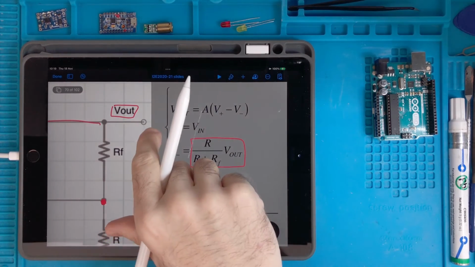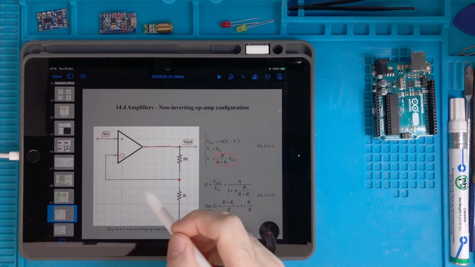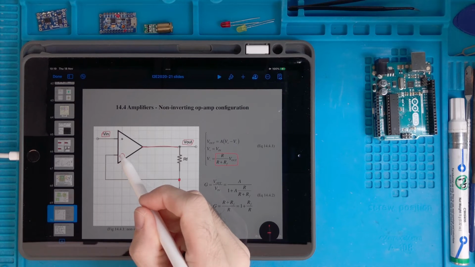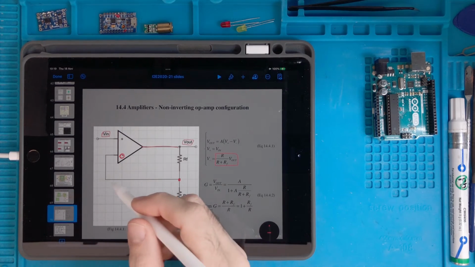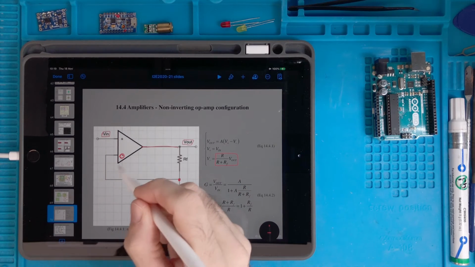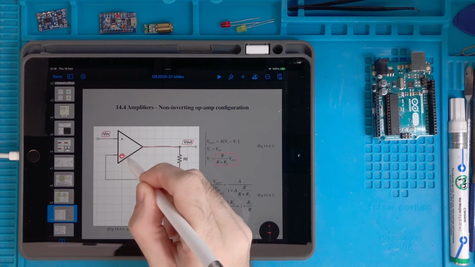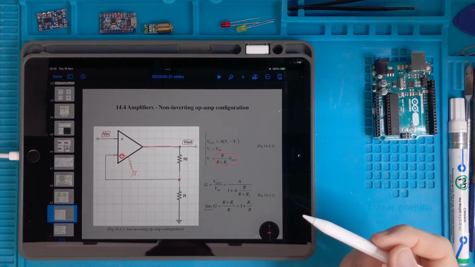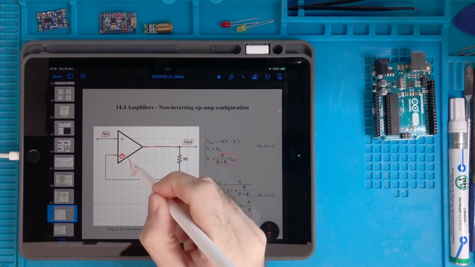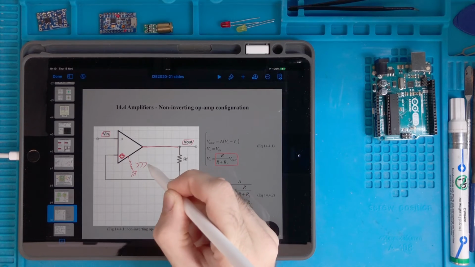We know it's this because the input of the operational amplifier has a very high input impedance. So it means that there is a sort of resistance that goes here connected to something, but this thing is very, very, very big.